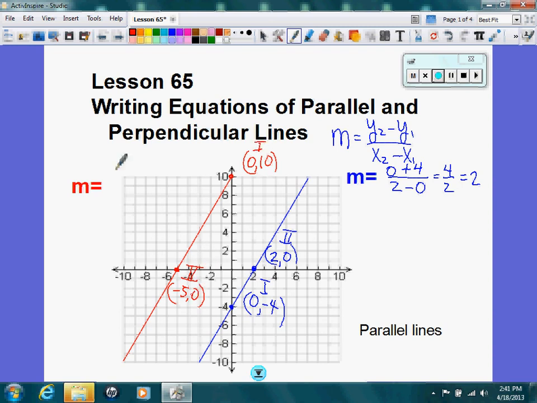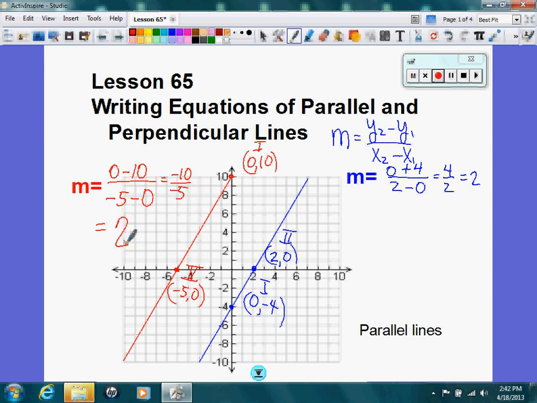So y2 would be 10 minus y1, which would be 0, and then x2 is 0 minus -5. Well, this would be 10 over 5, which would be equal to 2.